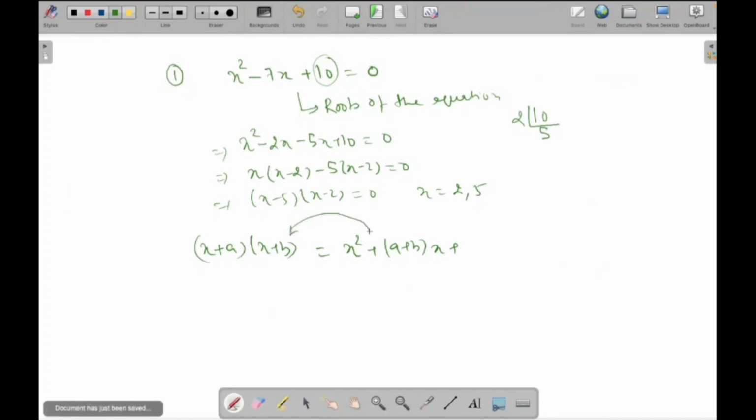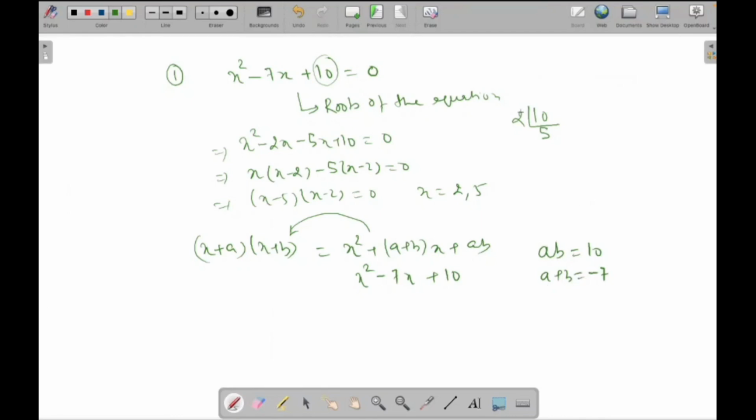You compare this: this is x square minus 7x plus 10. When you compare this, what it means is that ab is equal to 10 and a plus b equals to minus 7. So you have to have two numbers as a product so that the sum of these two numbers would be equal to minus 7.